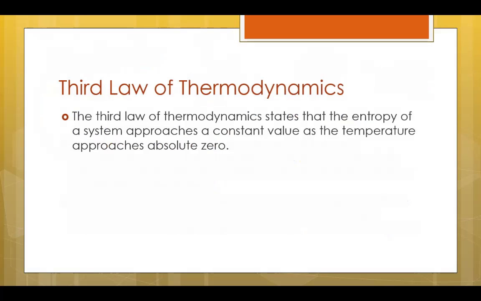The third law of thermodynamics states that the entropy of a system approaches a constant value as the temperature approaches absolute zero. And once again, this relates to what we talked about before in terms of the big chill, if you know anything about cosmology.